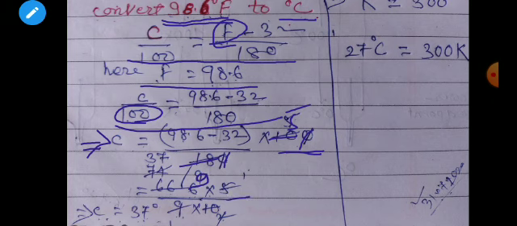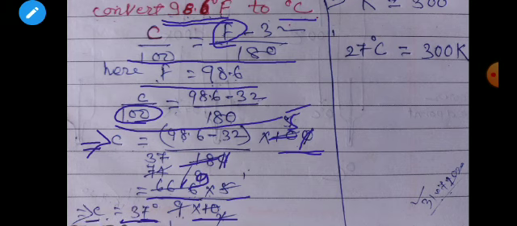Here by subtracting we are getting 66.6, into 5 divided by 9, into, if we remove the decimal, we will have 10. Now cancelling the common factors again, that is the calculation, and after calculation we are getting 37 degrees. So C equal to 37 degrees.